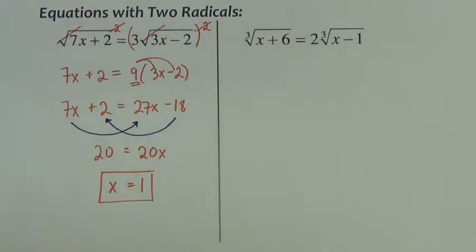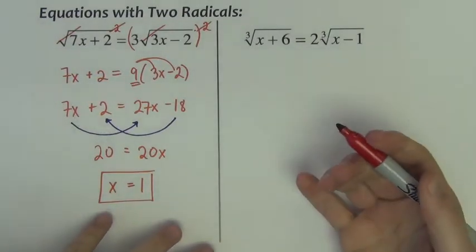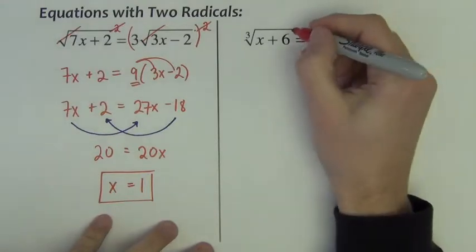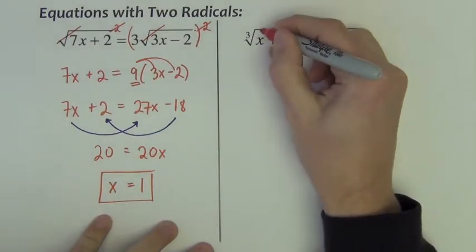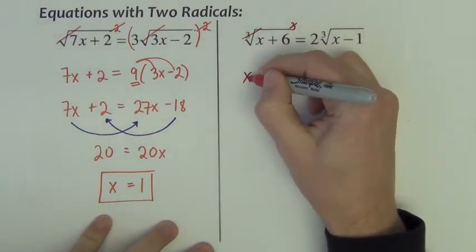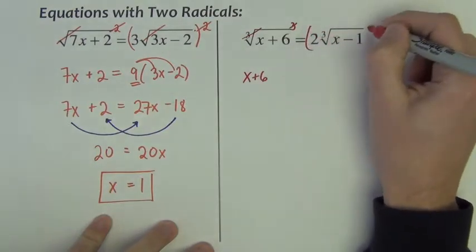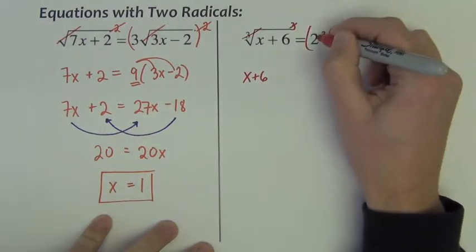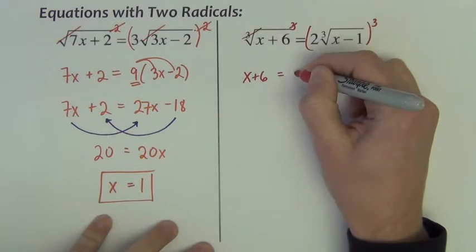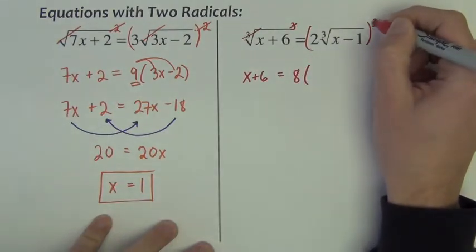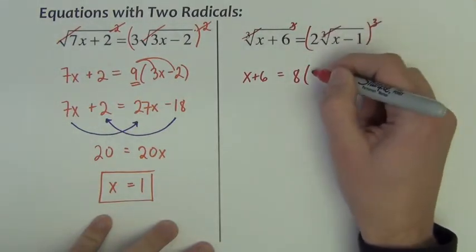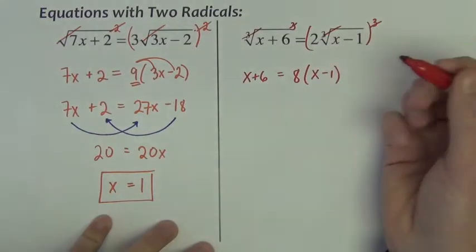Same sort of problem on the next slide. The only difference is it's cube roots, not square roots. So I do a third power to this side, which cancels it out, giving me x plus 6. I do a third power to this side. The third power impacts the 2 and makes it 2 cubed, or 8. The third power cancels the third root, so x minus 1.